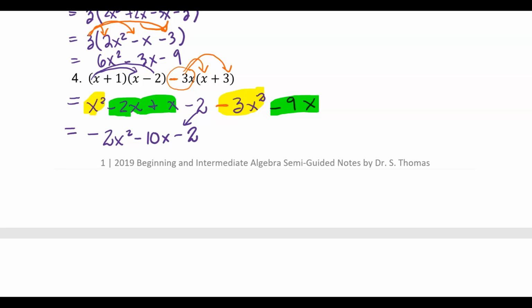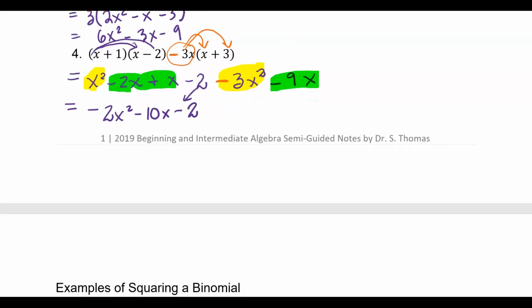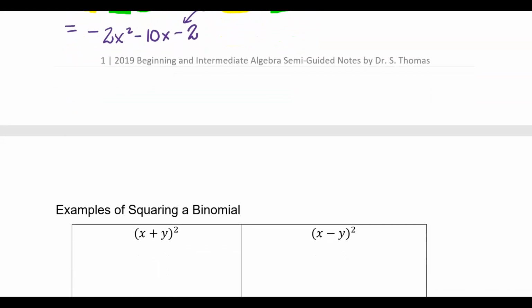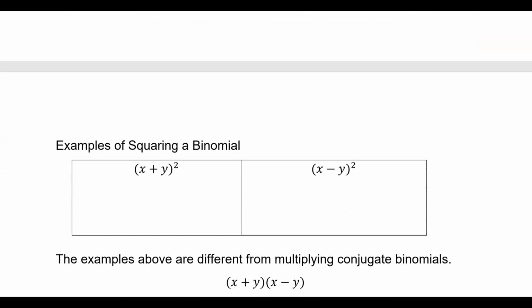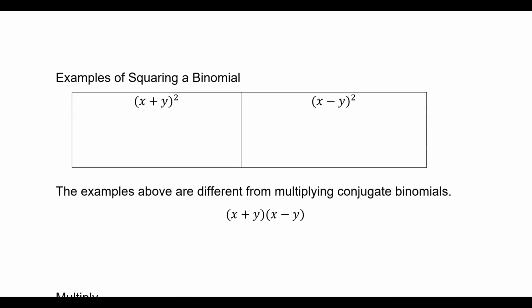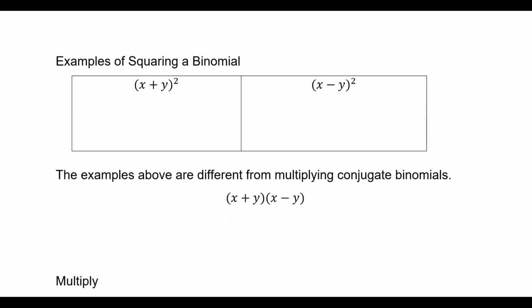Let's move on to the next problem, which are examples of squaring binomials. And here we have x plus 1 squared. What this means, this is a binomial square. This means x plus y times another x plus y.